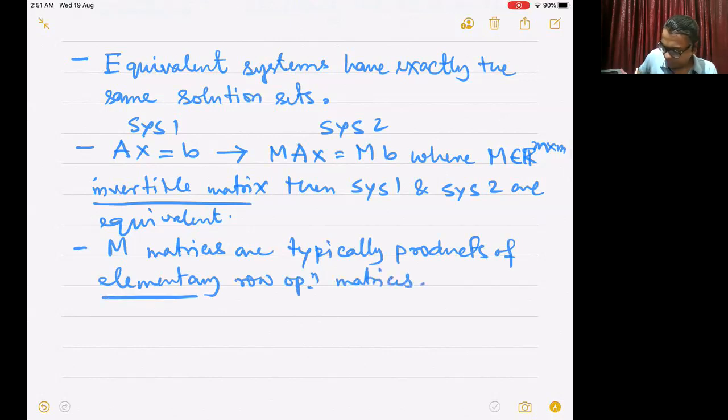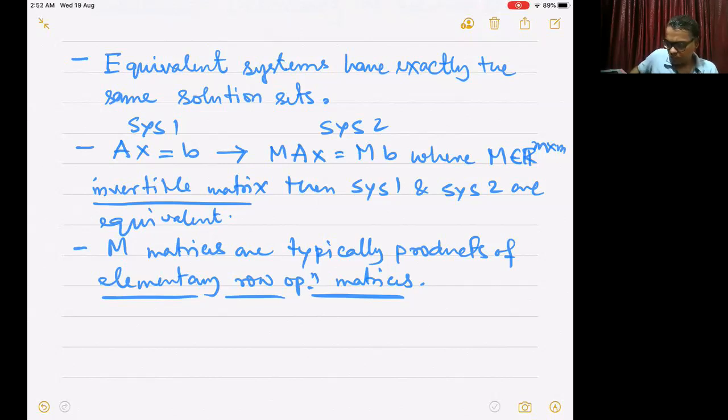And we have seen that there are three such elementary row operations. One is substituting a row by a non-zero multiple of that row, then substituting a row by the row plus a multiple of another row, and thirdly, permutation of rows. These are the three elementary row operation matrices.